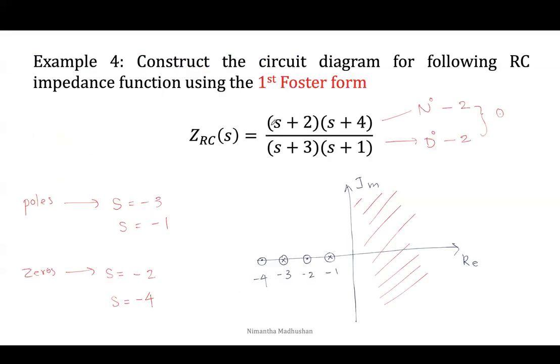For that, we have to substitute s equal to j omega into the given impedance function. We have Z_RC(s) equal to (s plus 2)(s plus 4) over (s plus 3)(s plus 1).